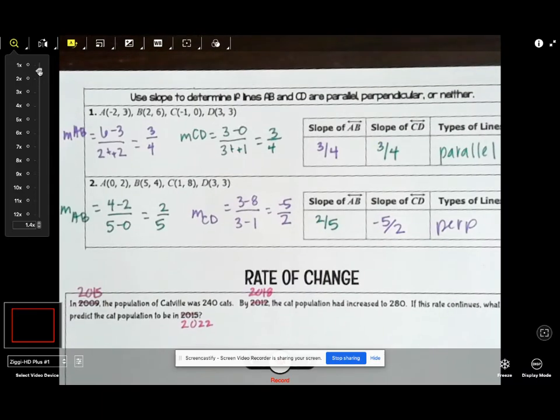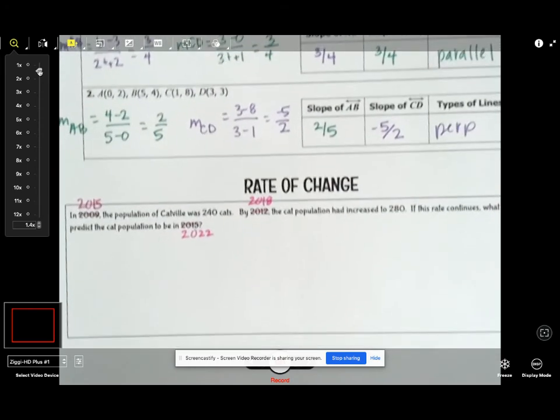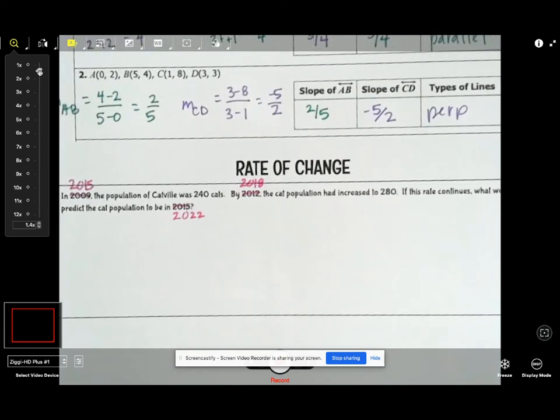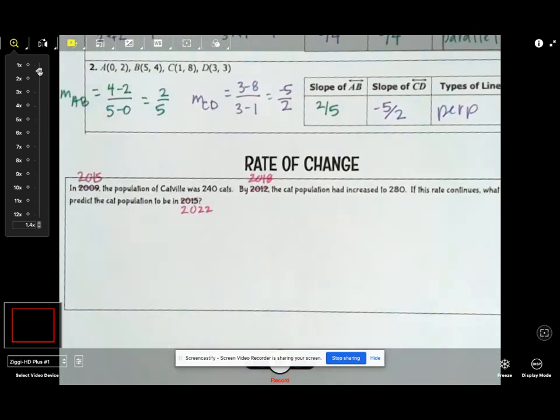And then just a little application to end out our notes together here. Excuse my typos. The written number should match what your notes say. But it says in 2015, the population of Catville was 240 cats. By 2018, the cat population had increased to 280. If this rate continues, what would you predict the population to be in 2022? So what can we do here?